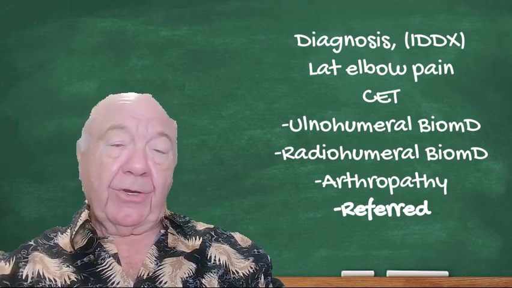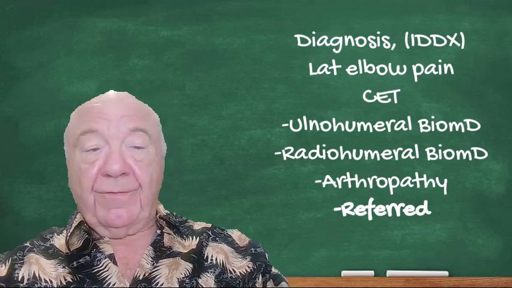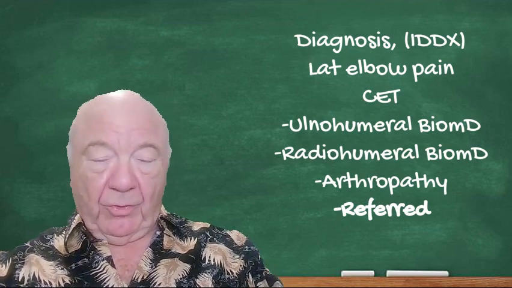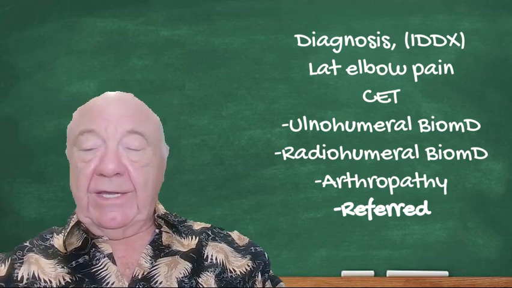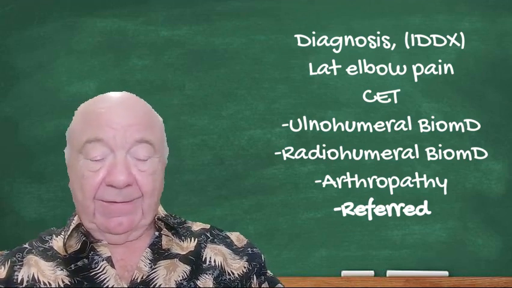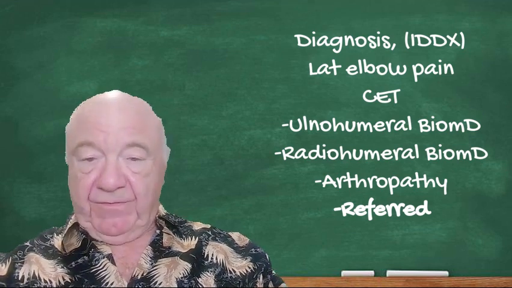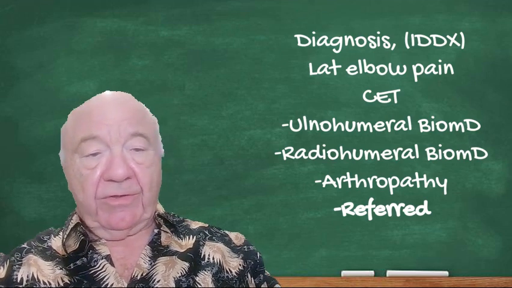So now you're going to look at each one of these in turn. For the common extensor tendinopathy, you would look at: is gripping worse than moving the elbow? Is the tendon tender? Is isometric wrist extension painful? Fine, all that fits. It probably is a common extensor tendinopathy.